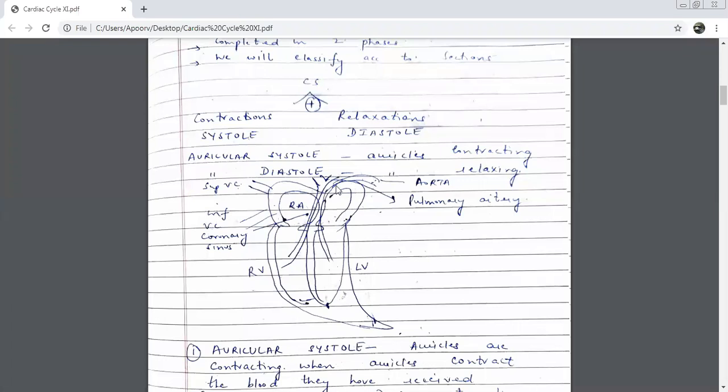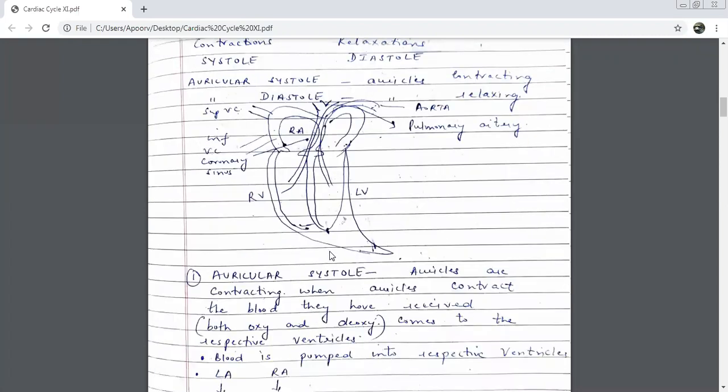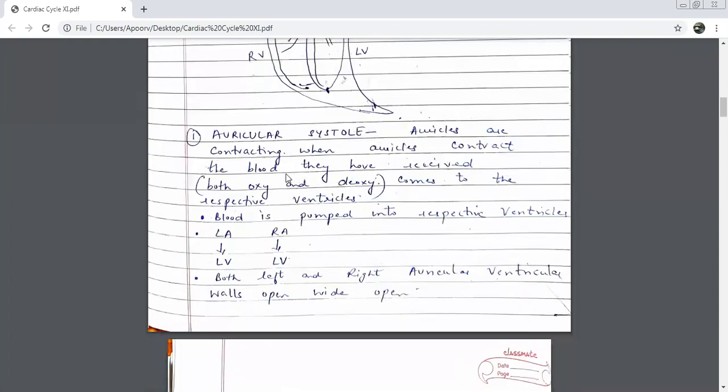And this blood was coming from the lungs. So was it oxygenated or deoxygenated? Oxygenated. Deoxygenated blood and oxygenated blood, both of them are present in the auricles. So what will happen, beta, when auricles contract: the blood they have received, whether oxygenated or deoxygenated, will come to the respective ventricles.